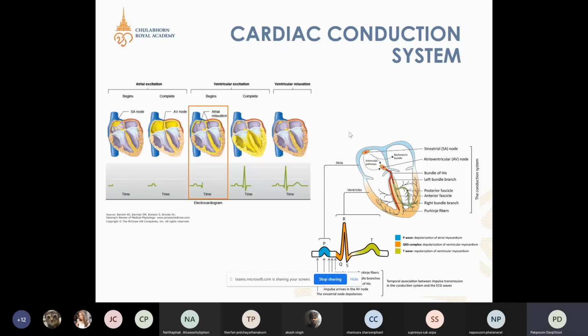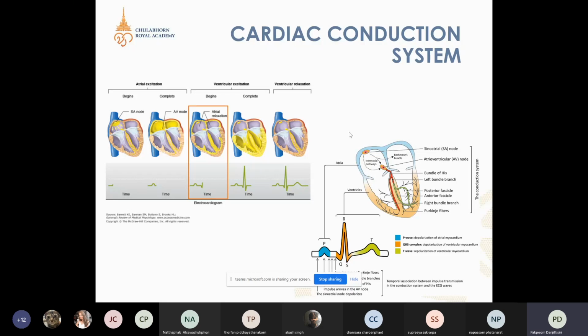The PR segment means that there is some activity at the AV node, that is, the time that the electrical impulse goes to the AV node and stays delayed for a while, and after that goes to the His bundle.